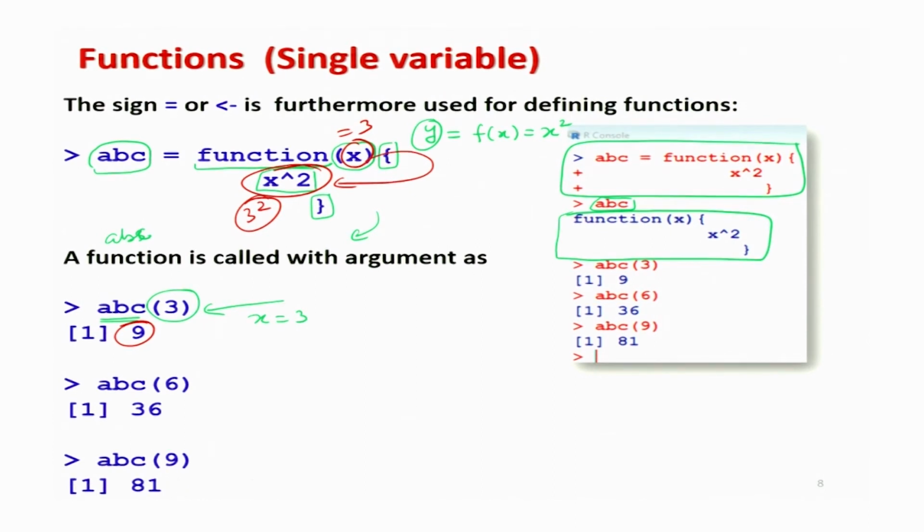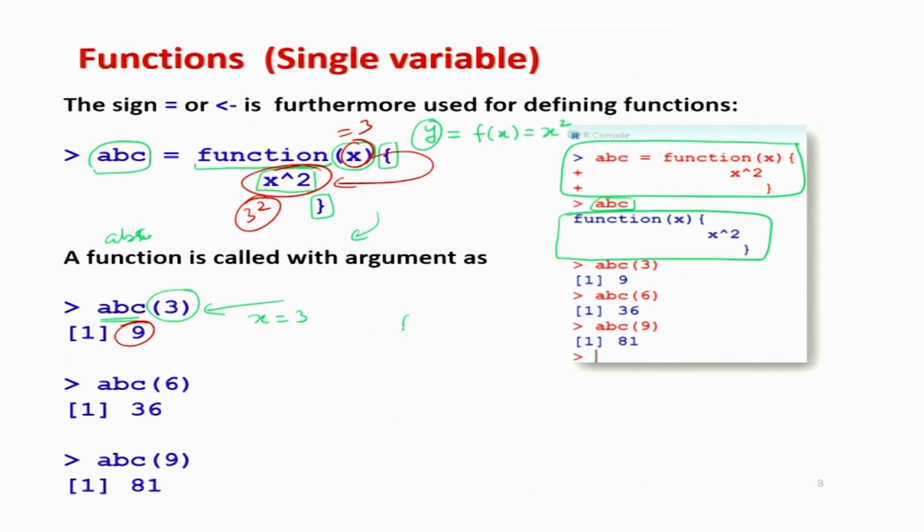Just write the name of the program, and within the parenthesis give all the values of the input variables in the same order in which you have given them while defining the program, while writing the program. That is very important. And if you interchange them, then you will make a mistake.